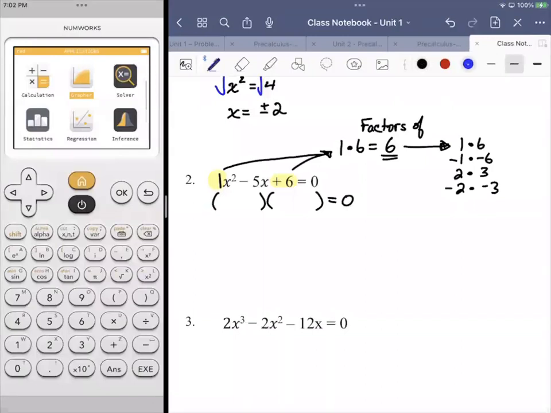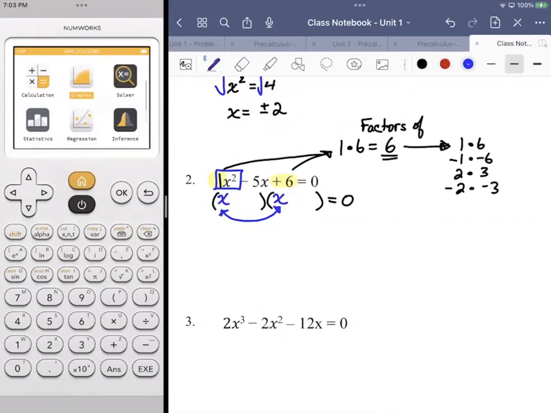So the first two terms have to multiply to this number. Looking at a 1x squared, or just x squared, if they're going to be linear factors, it would have to be x and x.